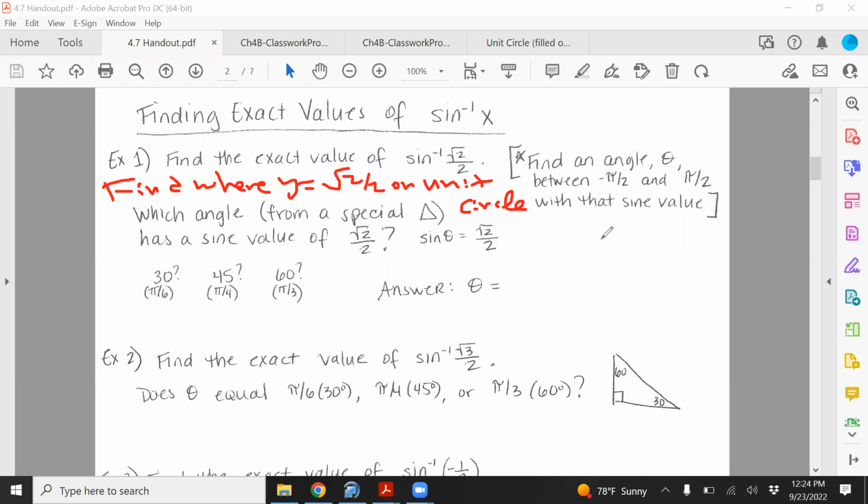And remember, our default range is between -90 and 90.